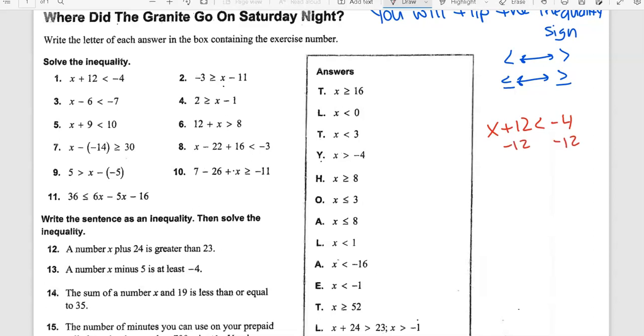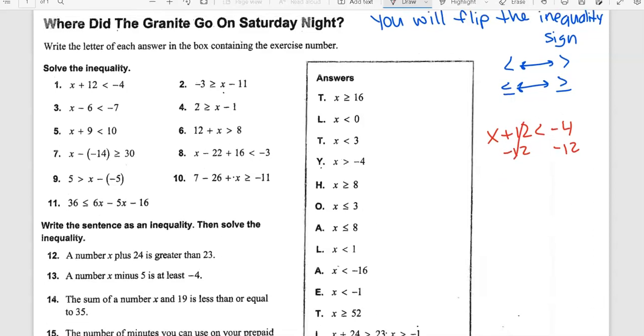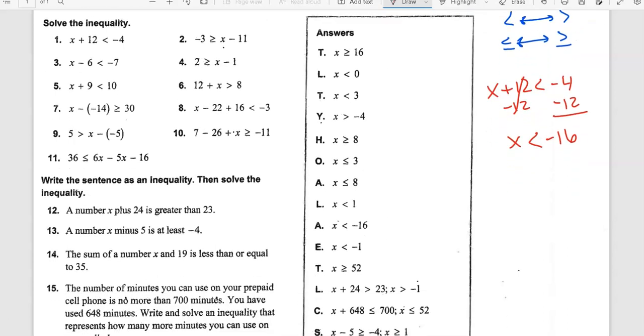Is that multiplying or dividing a negative number? No, that's subtracting a number. So is my sign going to flip? No, it is not. It is going to stay less than. And what is -4 minus 12? -16. All right, is that one of our options?